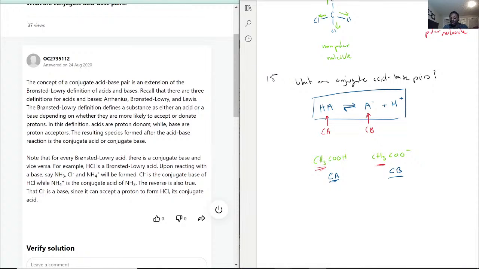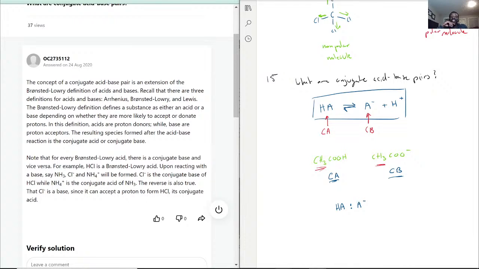And as a bonus, actually, if you ever look to build buffer solutions, that's actually what you use. Not acetic acid specifically, but you want some ratio of HA and A minus. That is how you actually make a buffer solution.